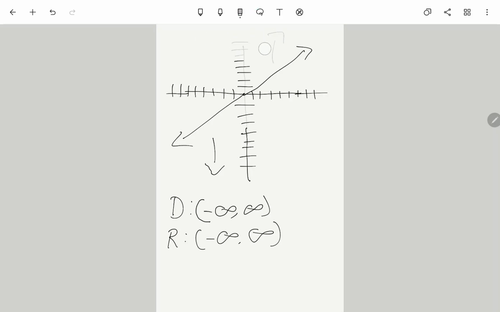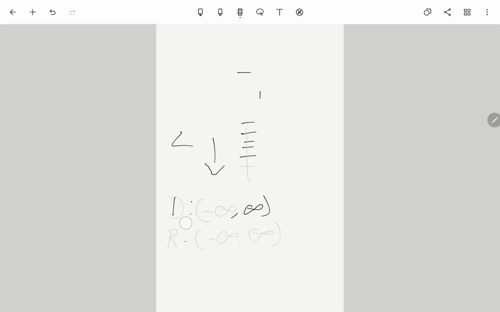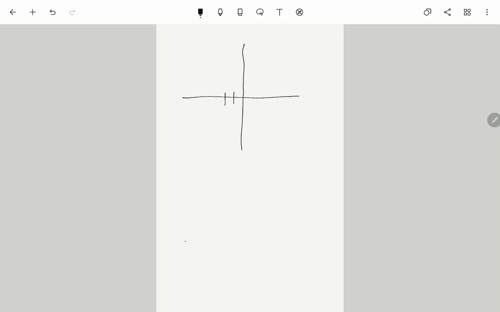Okay. Now we need to talk about graphs with points. For example, like this: 1, 2, 3, 4. For example, a parabola with right here to there.